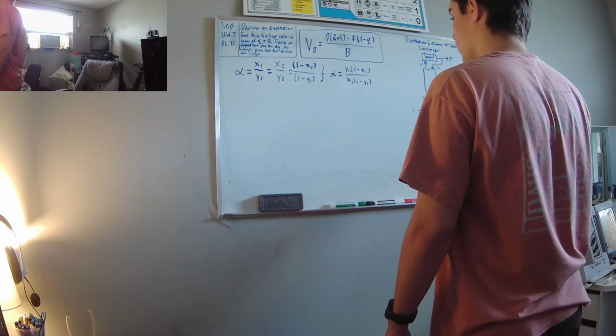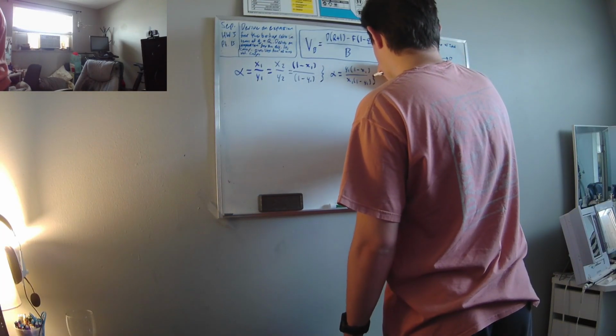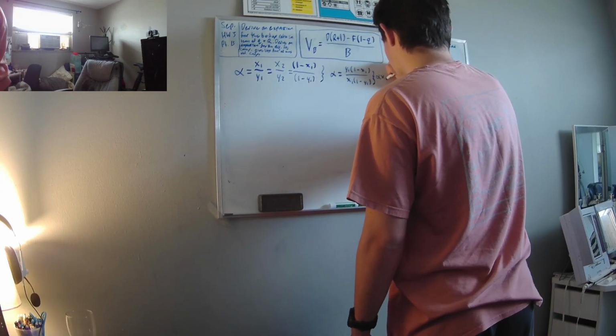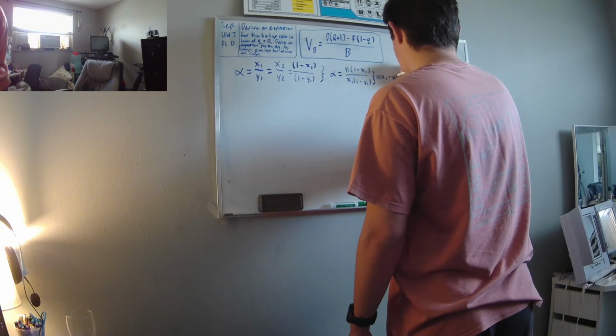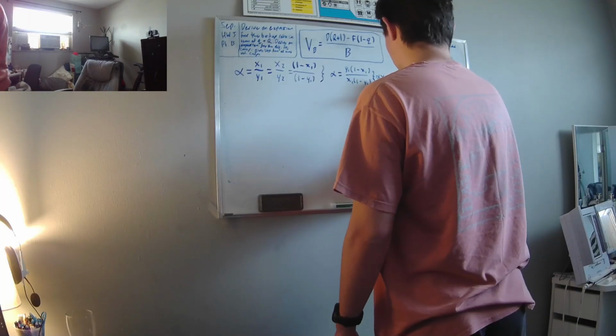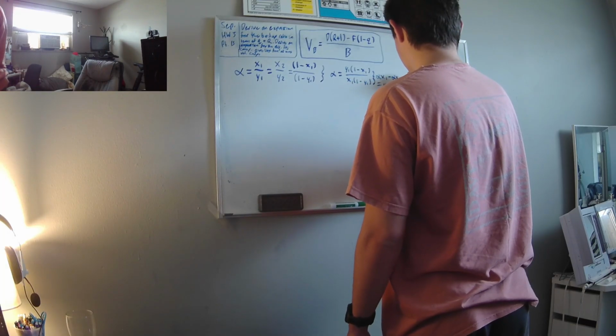Multiplying this out, we can get that alpha x1 minus alpha x1 y1 equals y1 minus y1 x1.